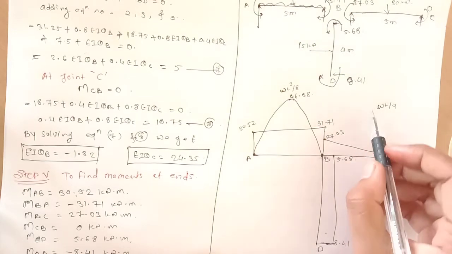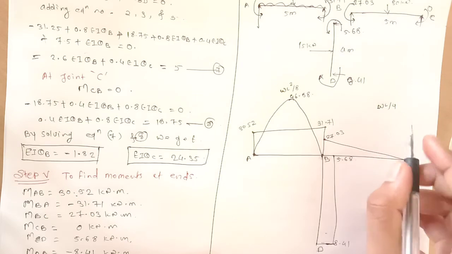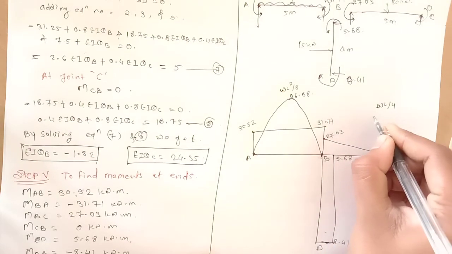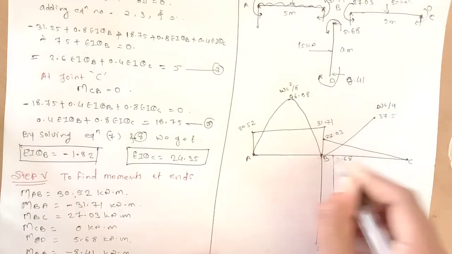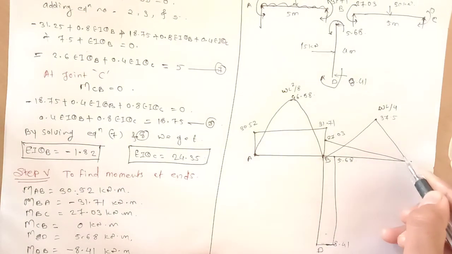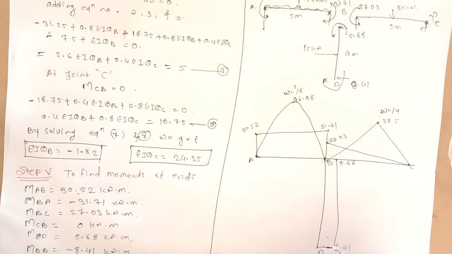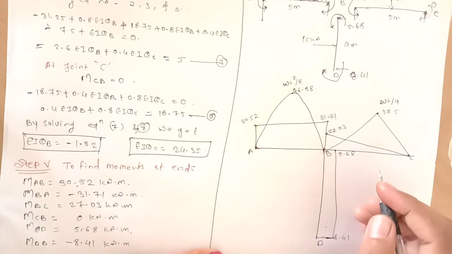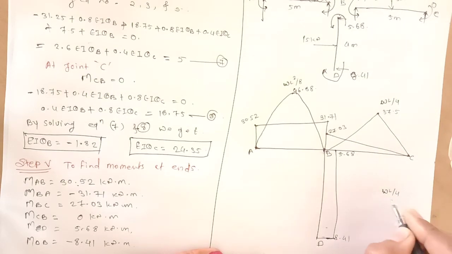So here 30 multiplied by 5 divided by 4 is nothing but 37.5. And last, over this BD member a 15 kilonewton point load is applied. The same formula, WL by 4.